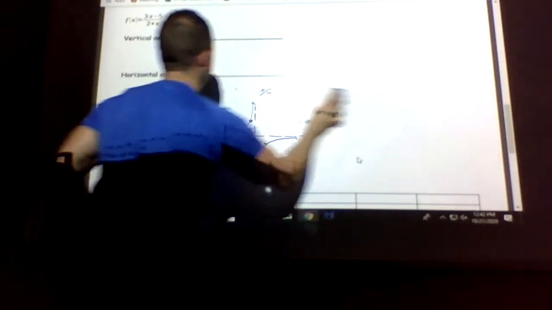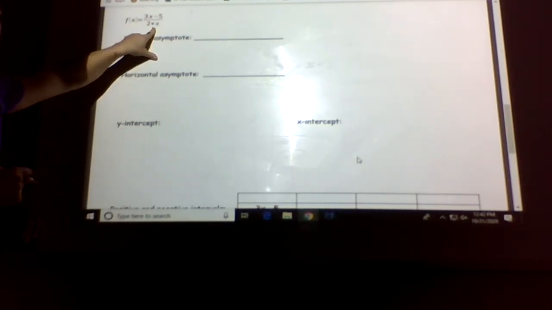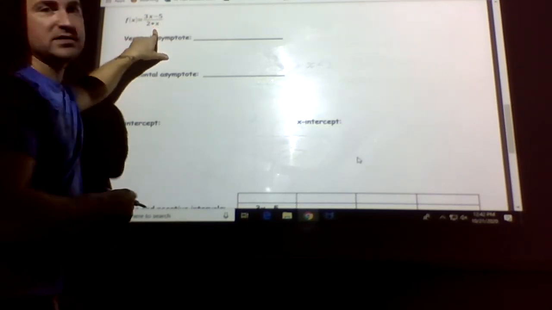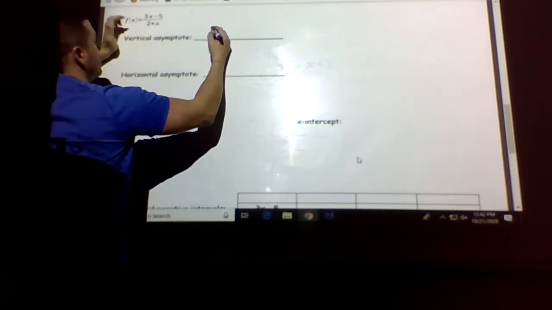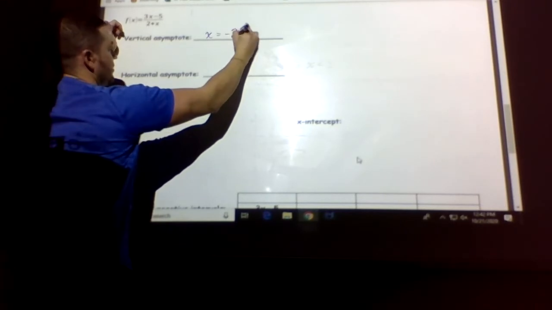Okay, so let's do this again. Okay, so vertical asymptote, again, what makes the denominator 0? In this case, we have 2 plus x, so minus 2 would make 0. So we have a vertical asymptote at x equals negative 2.